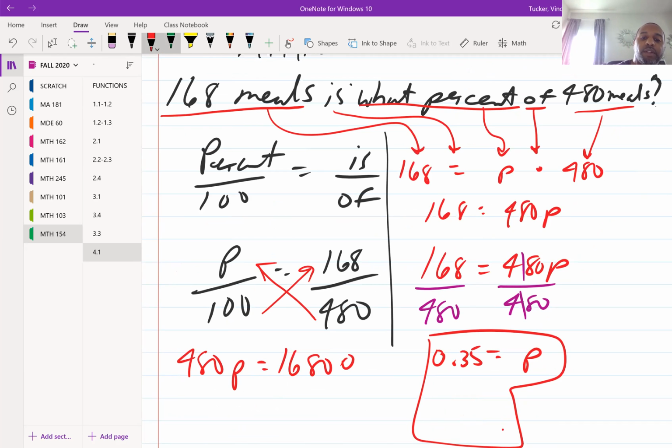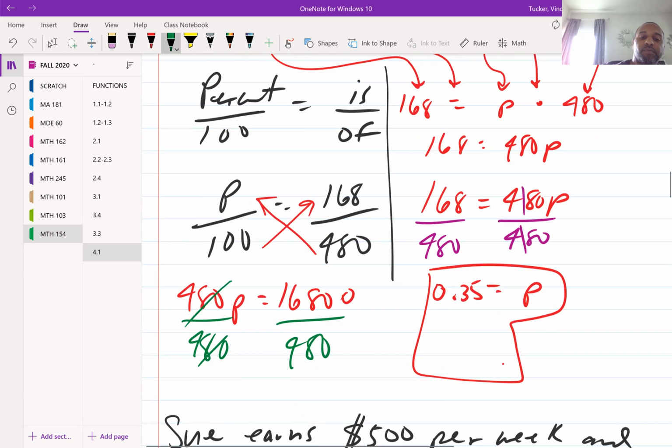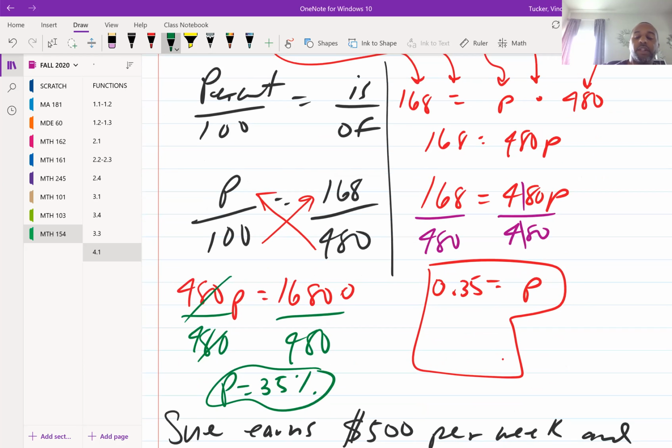Divide by 480, and P is equal to 35%. The only drawback of using the equation is that it gives you the percentage in decimal, so you have to turn it into a percent. But either way, you get the same result, 0.35 or 35%.